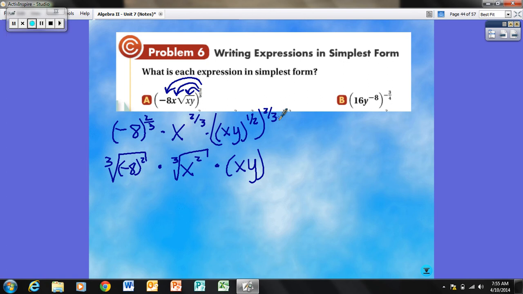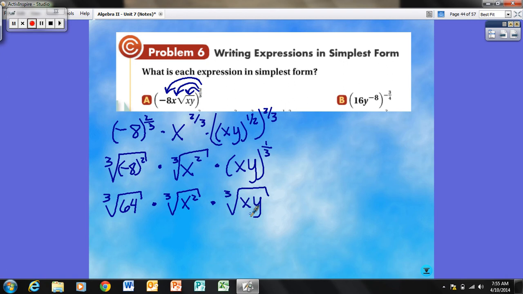And 1/2 times 2/3 is 1/3. So now I can rewrite this as the 3rd root of 64 times the 3rd root of x squared times the 3rd root of xy.